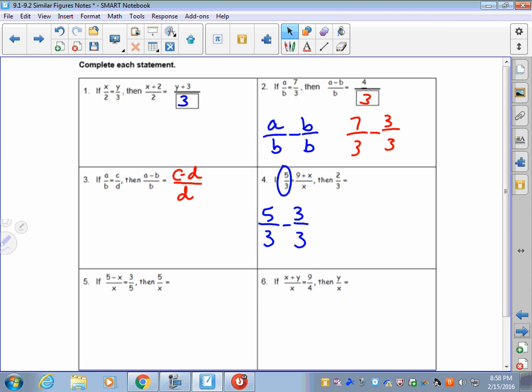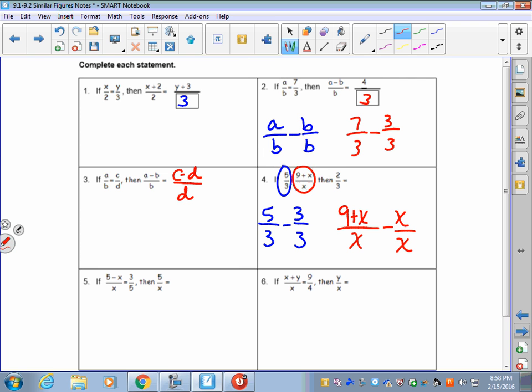Since I'm subtracting by the denominator, I'm going to do this whole ratio and subtract by the denominator. So that's 9 plus x over x minus x over x. When we subtract, we're just subtracting the numerator. So if I have 9 plus x and then I subtract an x from it, you'll see how that ends up canceling out. That becomes 0. So we see that 2/3 is going to equal 9 over x.